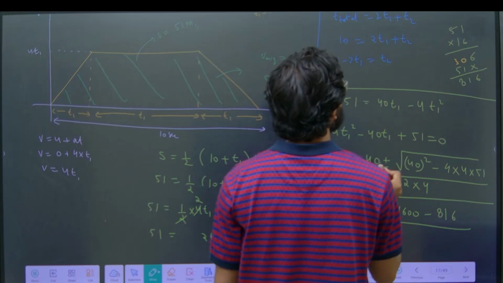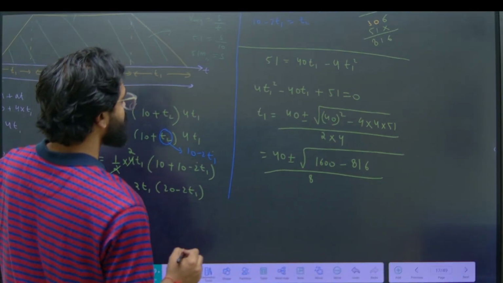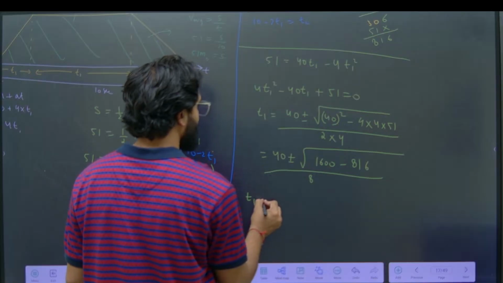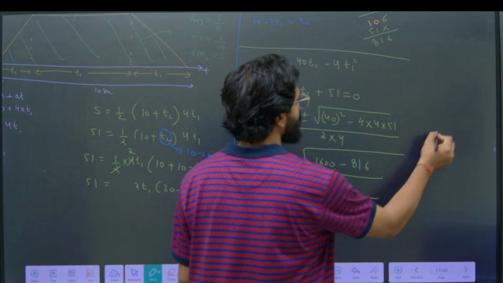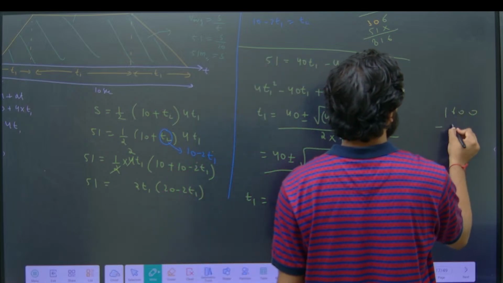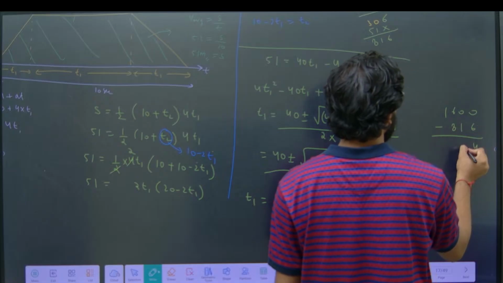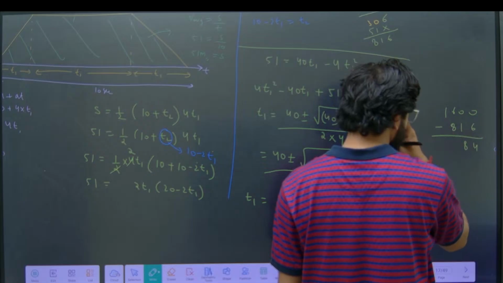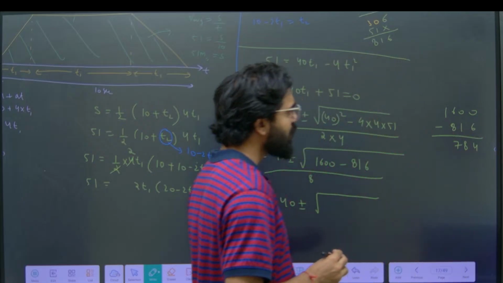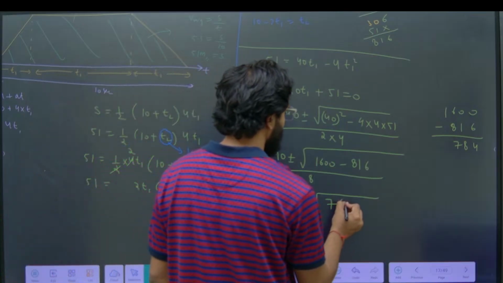So T1 will be 40 plus minus the root of 1600 minus 816. So 784.